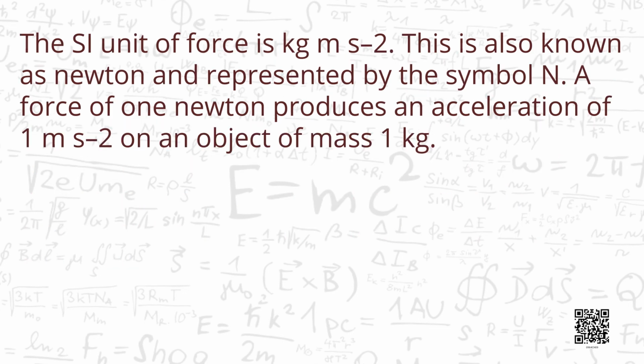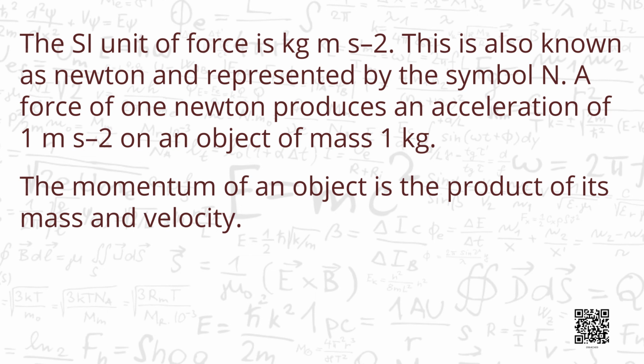The SI unit of force is kilogram meter per second square. This is also known as Newton and is represented by the symbol N. A force of 1 Newton produces an acceleration of 1 meter per second square on an object of mass 1 kg. We also studied that momentum of an object is the product of its mass and velocity.